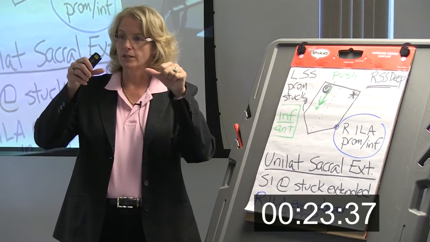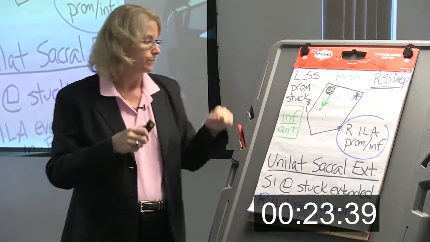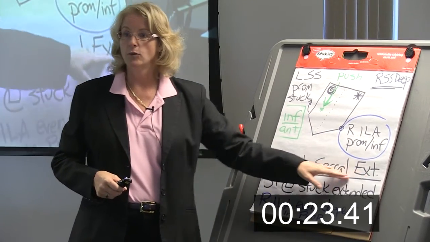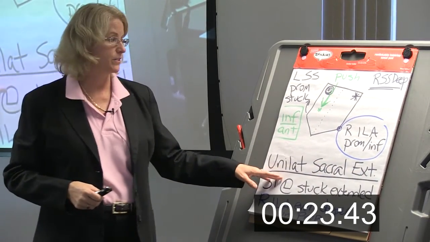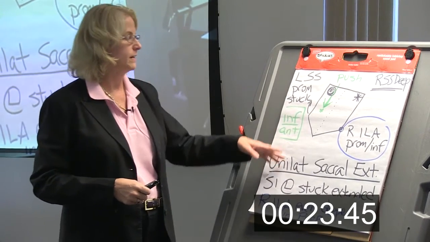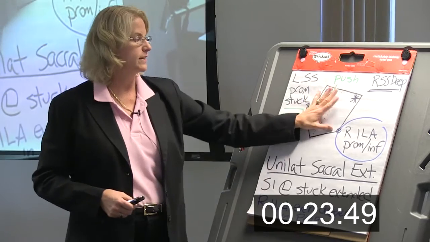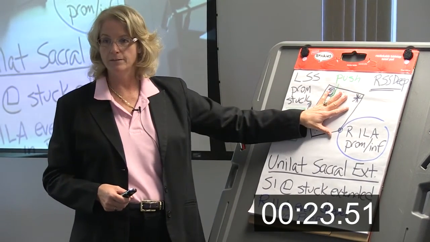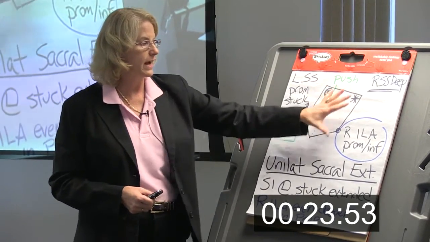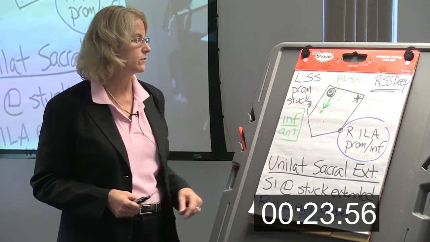Top of the sacrum, the sulcus, right? It's extended, so it's posterior at the base. So you're going to see the sacral sulcus is prominent and stuck. Which one? The left. Now I drew the sacrum here. It looks like it's tilted or a little side bent to the right because that's how the mechanics are working with this unilateral sacral extension.